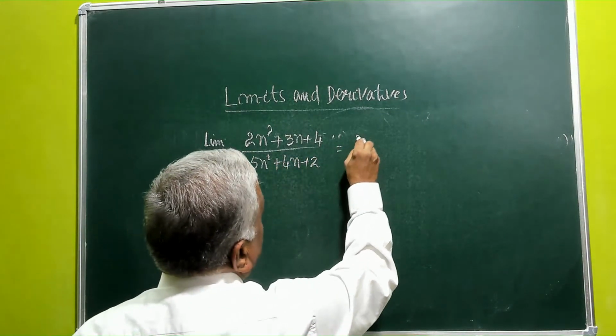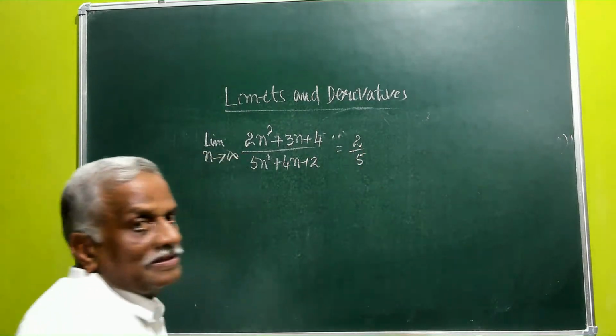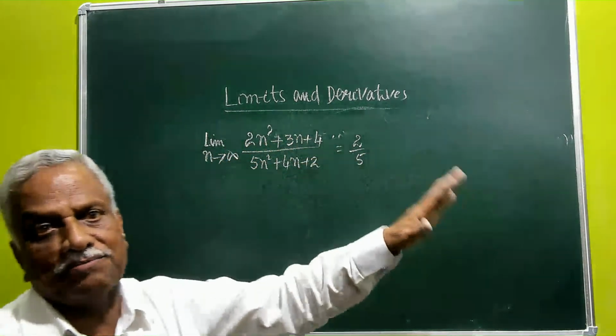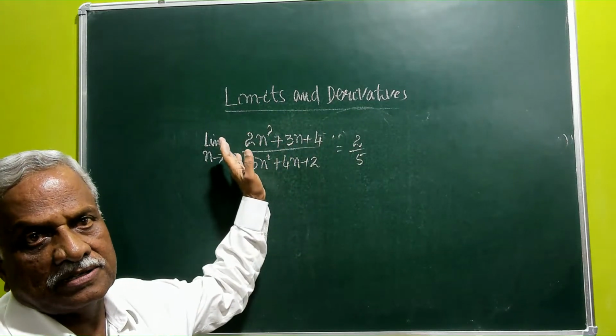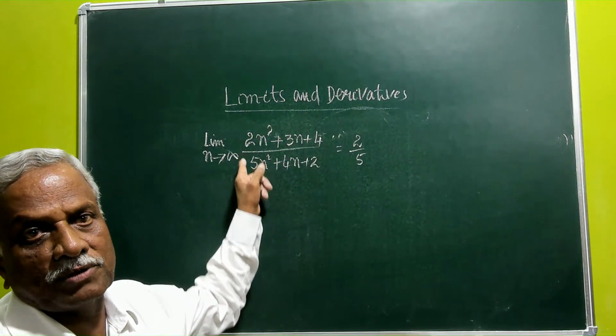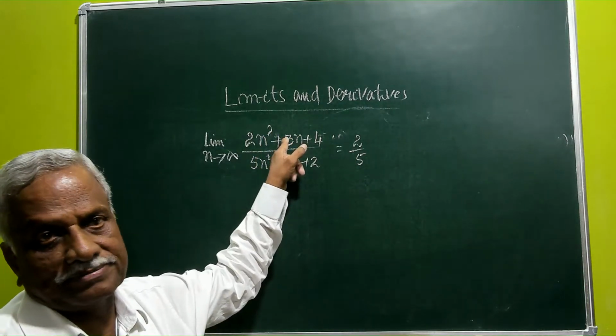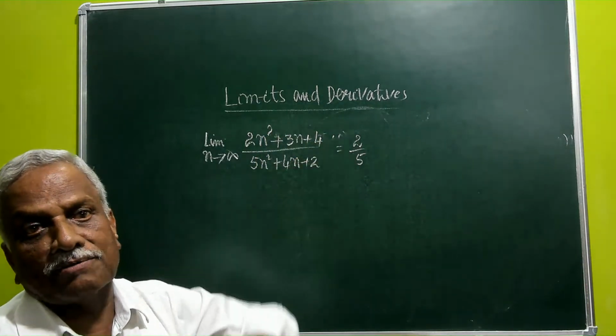So if you can remember, the answer is 2 by 5. You can always remember, if the degrees of numerator and denominator are the same, the answer is the ratio of the coefficients of n square, which is 2 by 5. Supposing the numerator degree is more, or denominator degree is more.